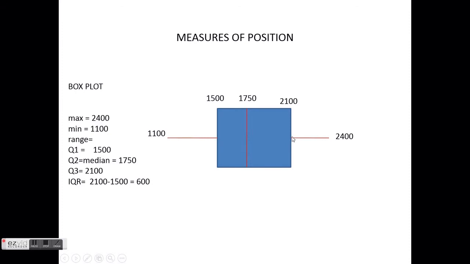And then it's 300 from the third quartile to the max, so not quite as far as this distance, but a little bit farther than this distance. The reason that's important is that when you look at the box plot, it gives you a quick snapshot of how the data is distributed.